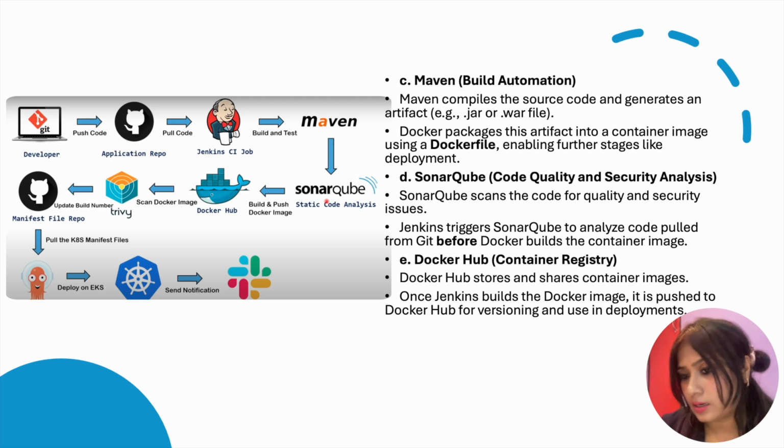The images which are created are kept in Docker Hub. That's a container registry where all the images are kept, and whenever they want to pull an image they can easily pull it from there, or whenever they want to make an image, they can make it anyway.